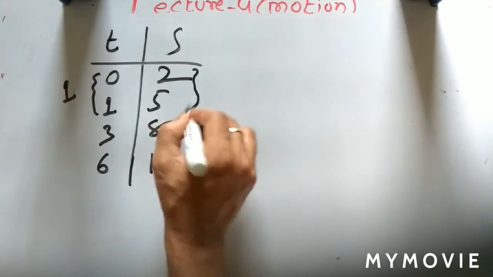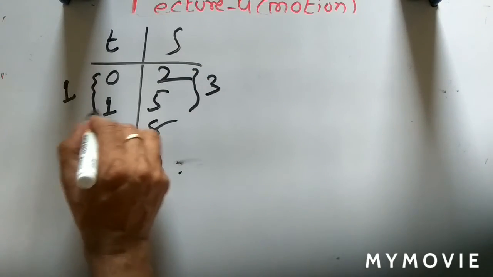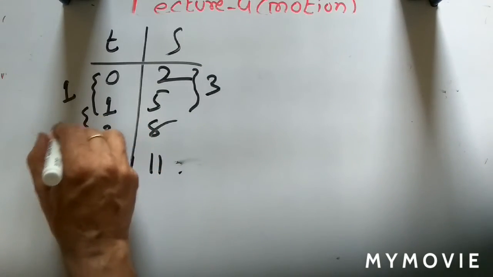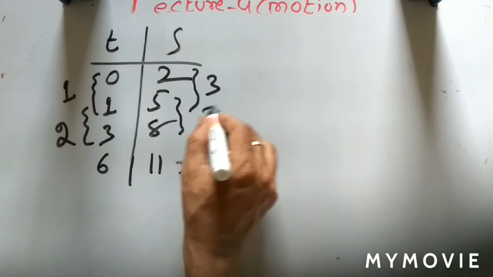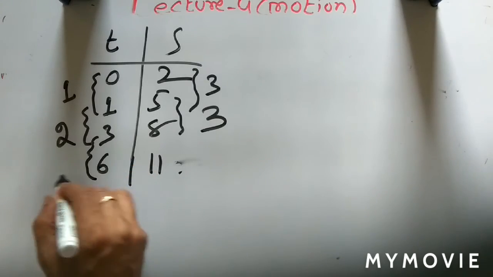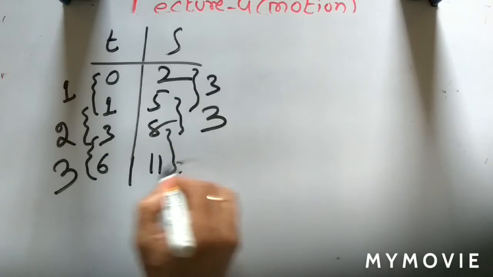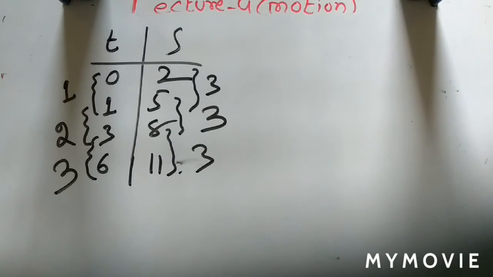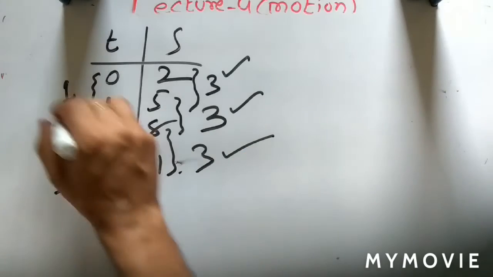Now you see, what is the change in time from 0 to 1? 1 second. And what is the displacement covered by the body? 2 to 5, that is 3 meter. From 1 to 3 seconds, what is the time change? 2 seconds. From 5 to 8, what is the displacement change? 3. Again from 3 to 6, what is the time change? 3.